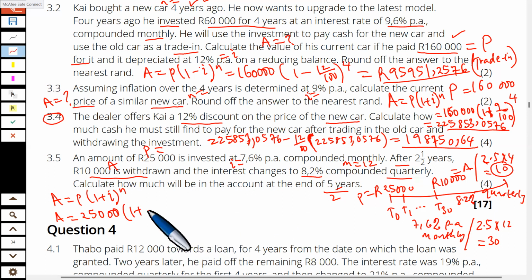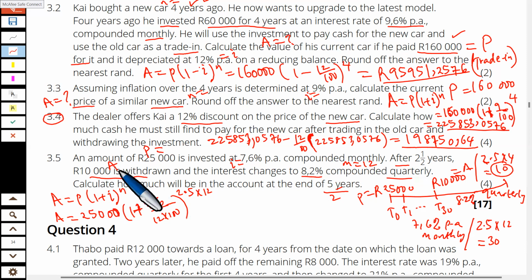So 7.6 compounded monthly, 12 times 100. Right, you raise it to the power 30. Or because it's 2.5 years, you can say 2.5 times 12.